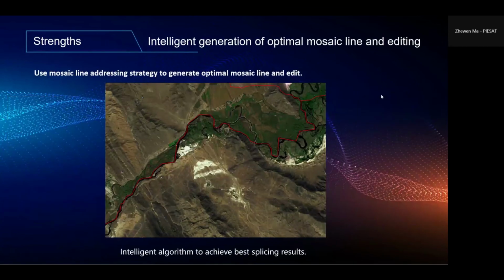Up next is the intelligent generation of optimal mosaic line and the editing process. By using this mosaic line finding strategy, PyAuthor can automatically avoid artificial ground features and find the best smooth mosaic line in the adjacent area.